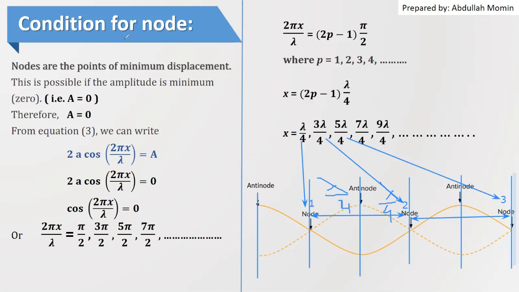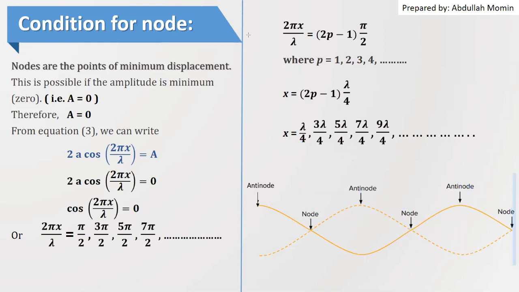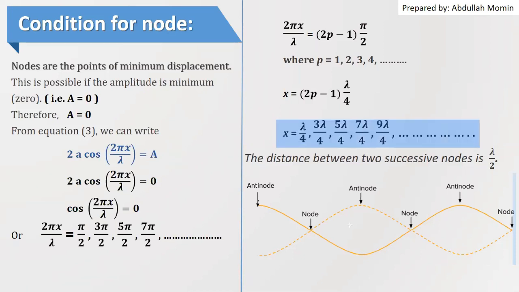So the total distance between the two nodes is lambda by 2. We can conclude that the distance between two successive nodes is lambda by 2. So this is the condition of node: at these positions of the medium we get nodes, and the distance between two successive nodes is lambda by 2.